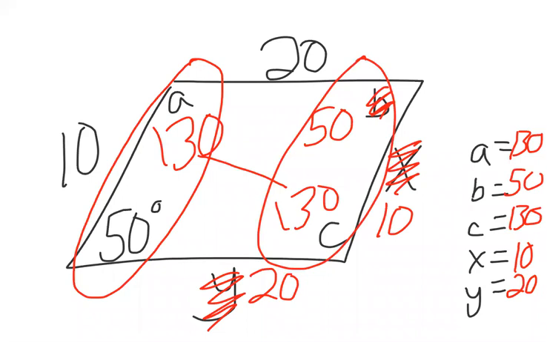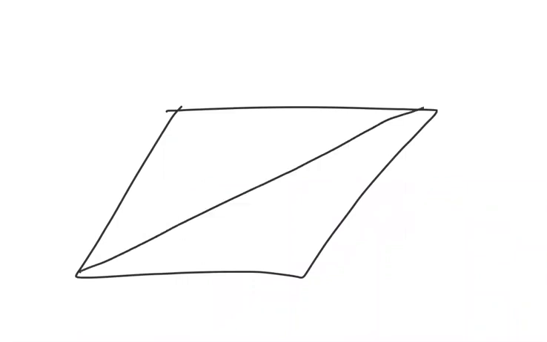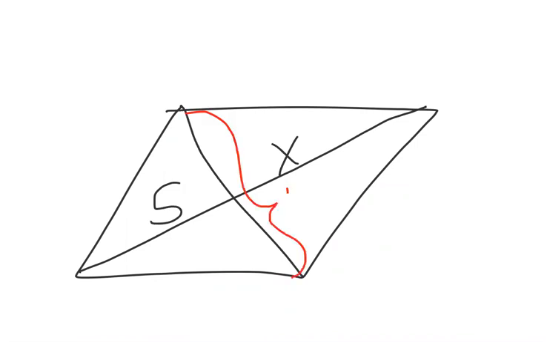Okay, cool. Real quick, let's talk about the diagonals. Can you find me X, Y, and Z? I'm gonna call on people at random.